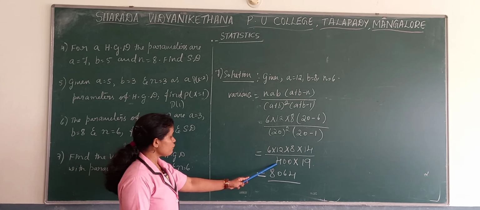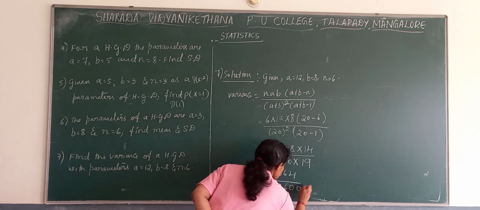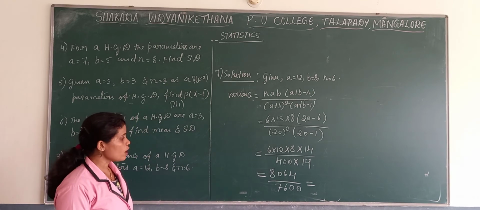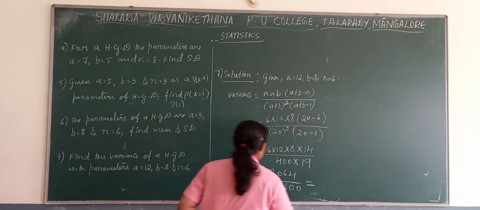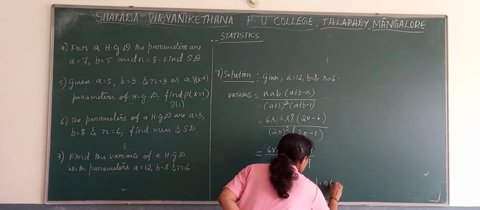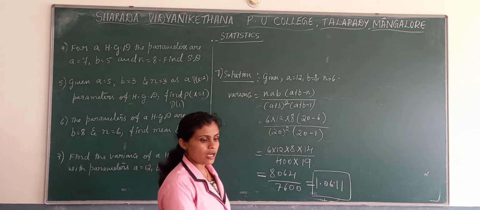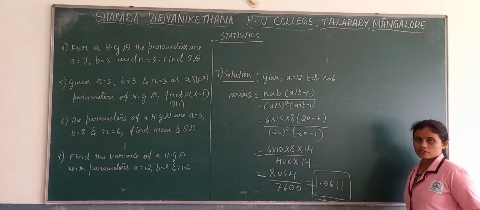When we multiply 400 into 19, we get 7600. Now divide 8064 by 7600, and we get 1.0611. This is the value of the variance for this last question.